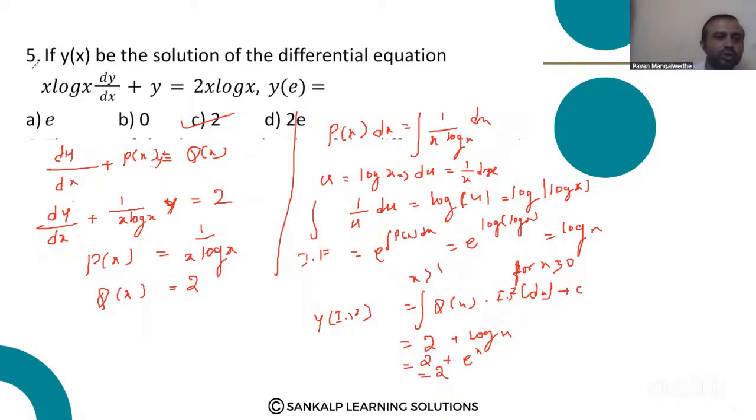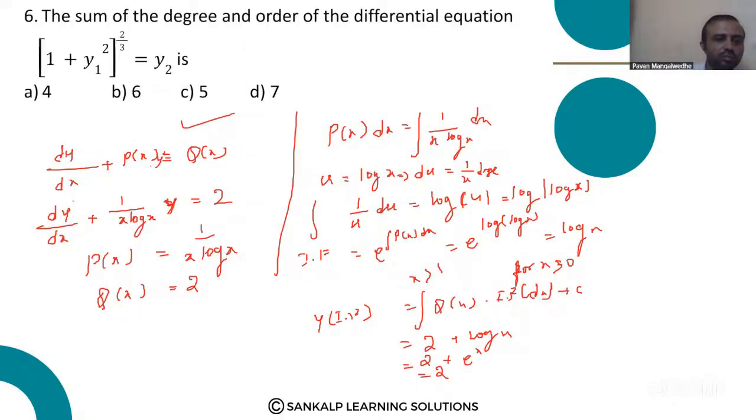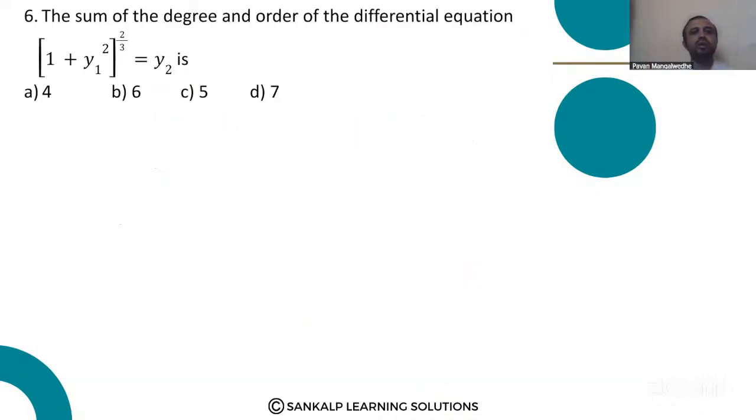We'll go to the next question. The sum of the degree and order of the differential equation (1 plus y1 squared) raised to 2 by 3 is equal to y2, what is it?